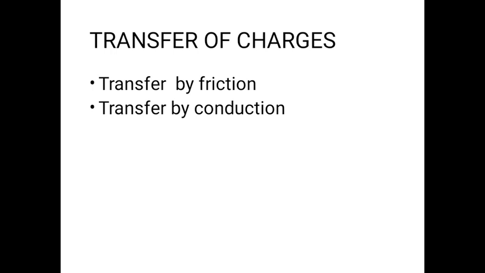When the paper is torn into bits, positive and negative charges are present at the edges of the paper. Now the comb is negative charge and the paper is positive charge, so it will be attracted.